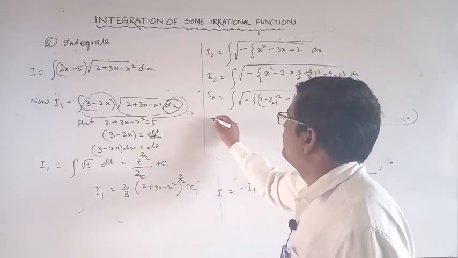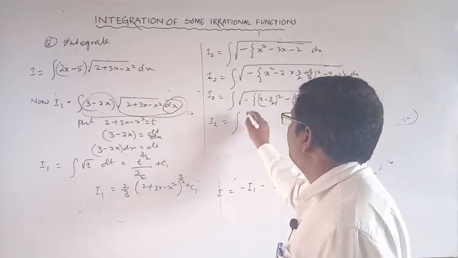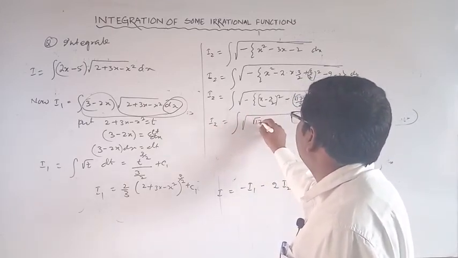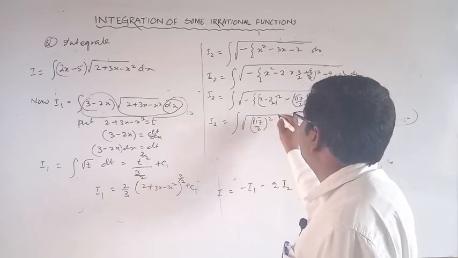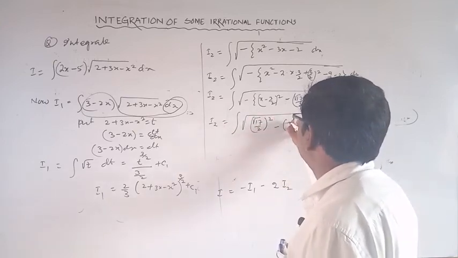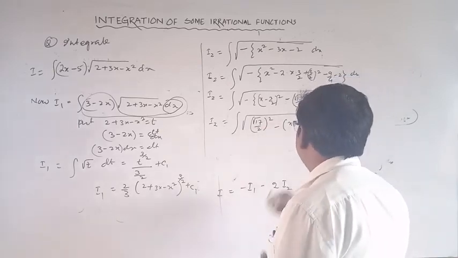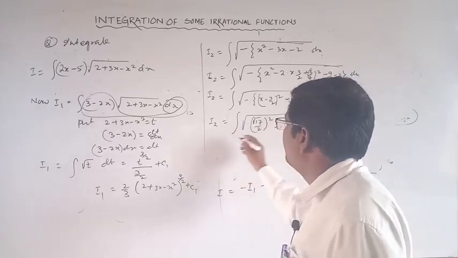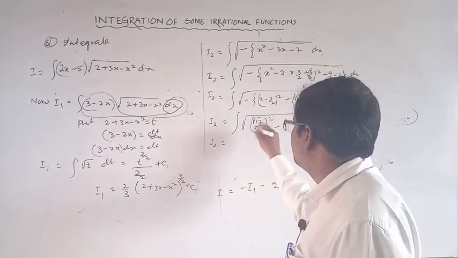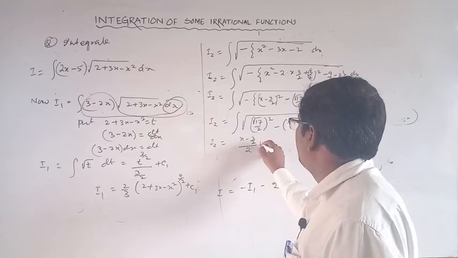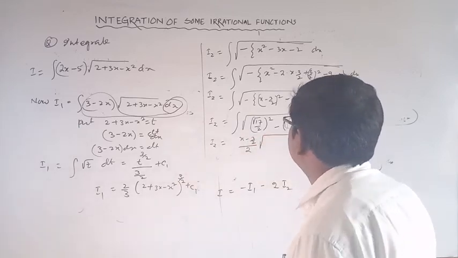I2 is equal to, a minus term, root 17 by 2 whole square minus (x minus 3 by 2) whole square, dx. This is the a square minus x square formula. So I2 is equal to x by 2 means what? (x minus 3 by 2) root over this.